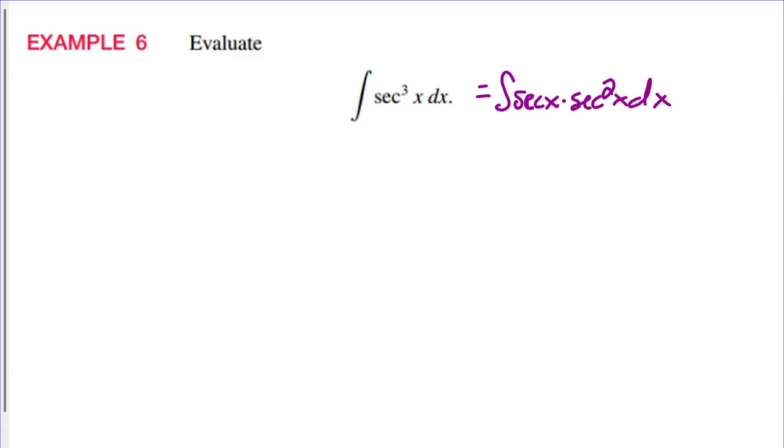And instead of going straight to a trig identity on this one, we're going to use integration by parts. And for that, we're going to set u equal to secant of x. Sorry, I got ahead of myself, I got messed up in my notes. We're going to use integration by parts.